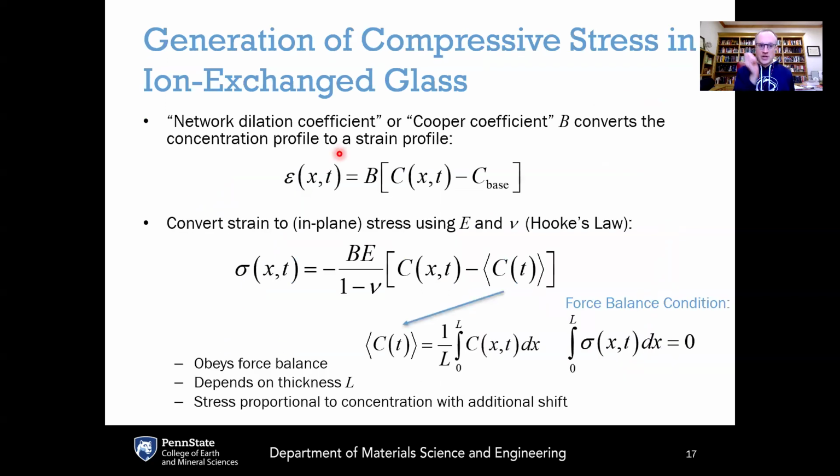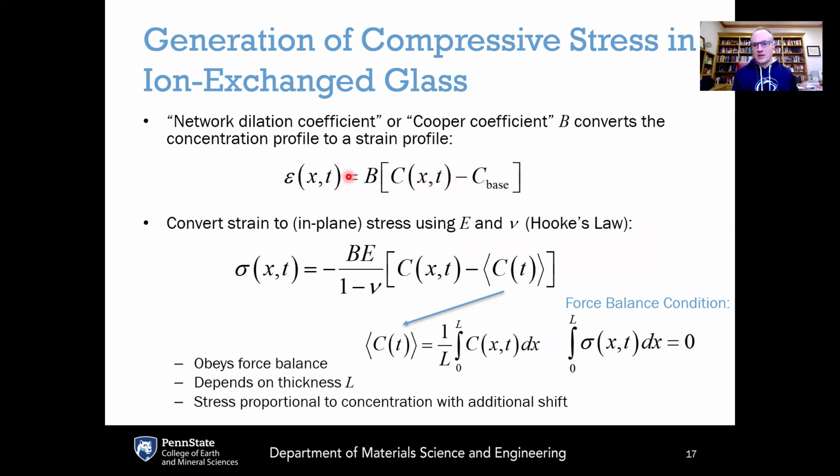Now, how do we generate the compressive stress in the ion exchanged glass? Once we have this concentration profile here, minus whatever the base concentration was in the initial glass, and this is often equal to 0, that concentration is going to lead to a strain in the glass.